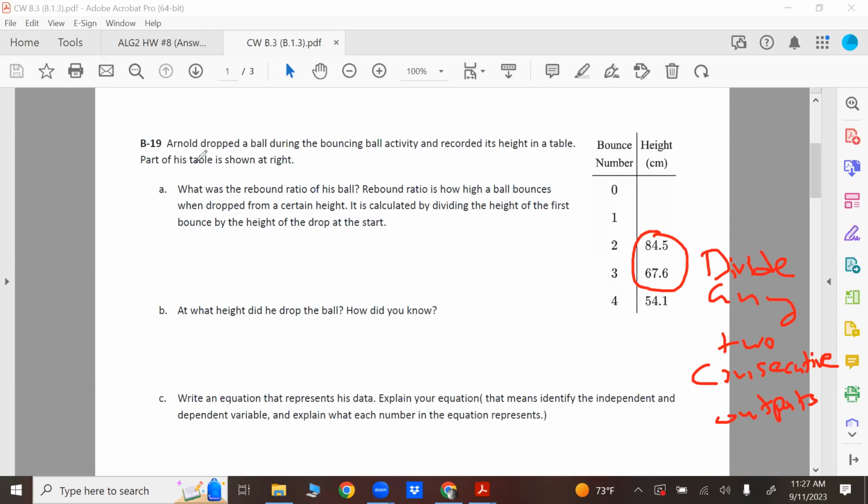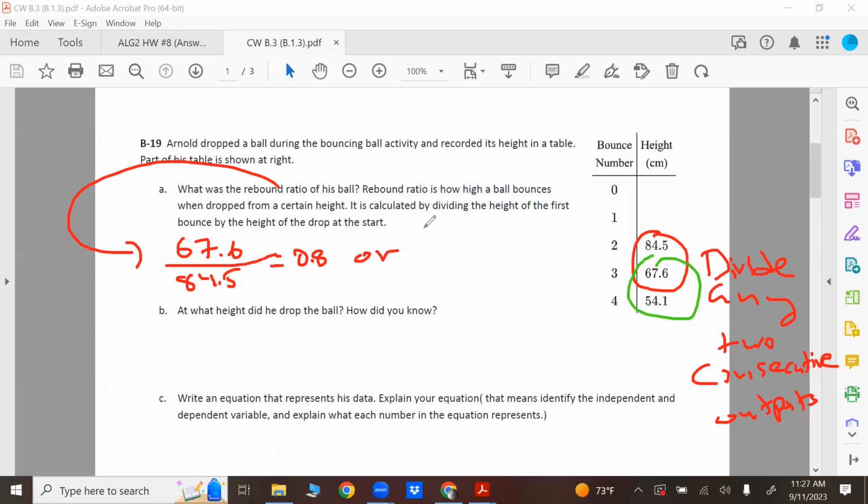So the ratio can be thought of like this: 67.6 over 84.5, which is roughly 0.8. I think that's what we discovered last time. Or you could do it again with these two, 54.1 divided by 67.6. That's also roughly 0.8. So the rebound ratio is 0.8. Sorry, it's 0.8 of the previous bounce.